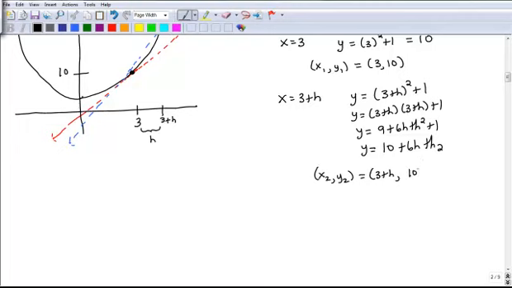And the new y value is 10 plus 6h plus h squared. Now the nice thing is, you tell me what h is. If h is 0.1, then I can put 0.1 in here for h and get the actual x value and y value. If h is 0.01, I can put in 0.01. If h is 0.001, I can put in 0.001. So this lets me make h as small as I'd like.